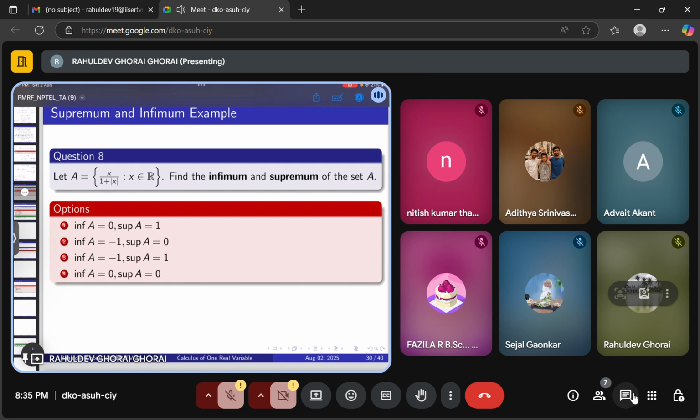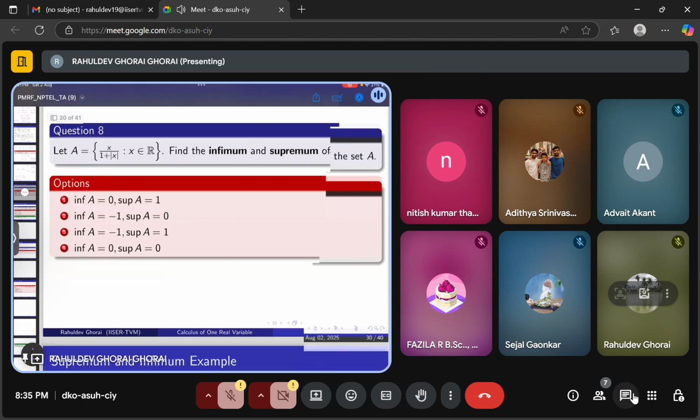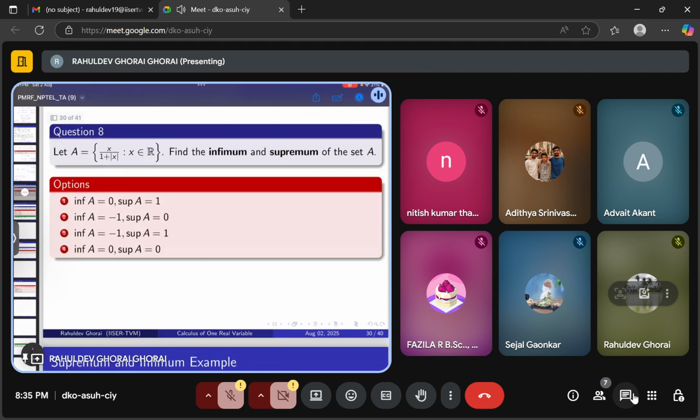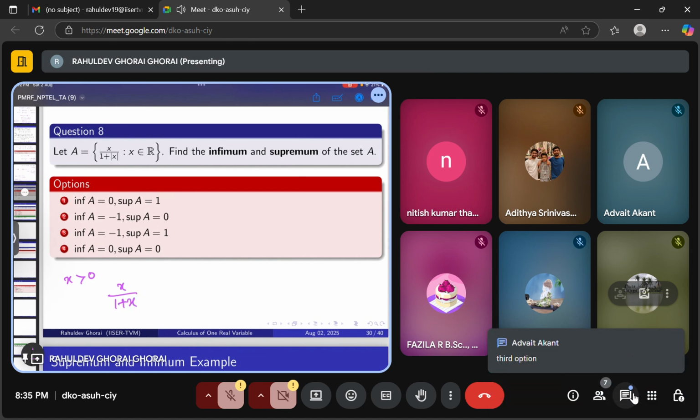What is supremum and infimum? How do you find that? Mainly you need to know how the function behaves. When x is greater than 0, this function will be x over 1 plus x, and it will always be like this.